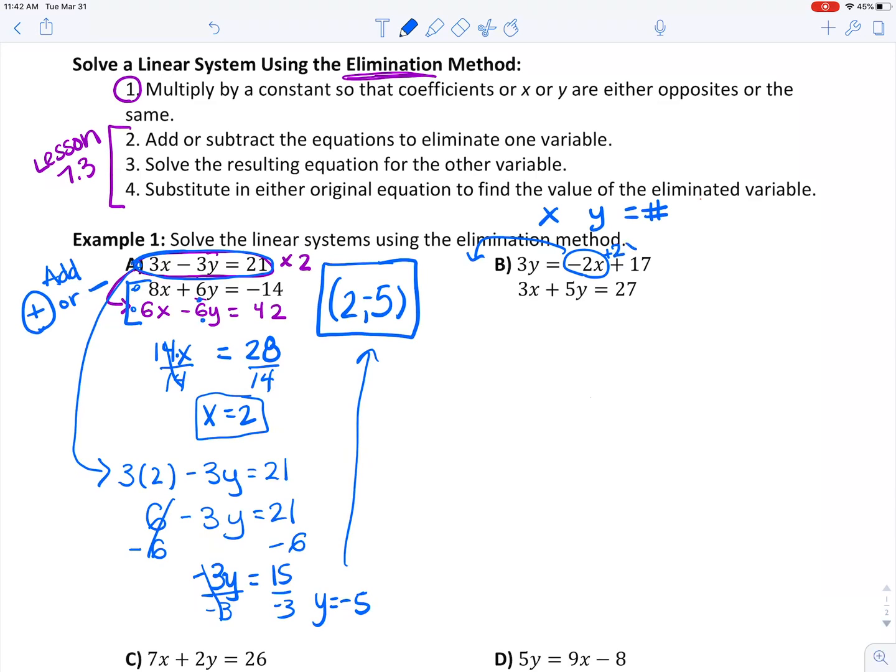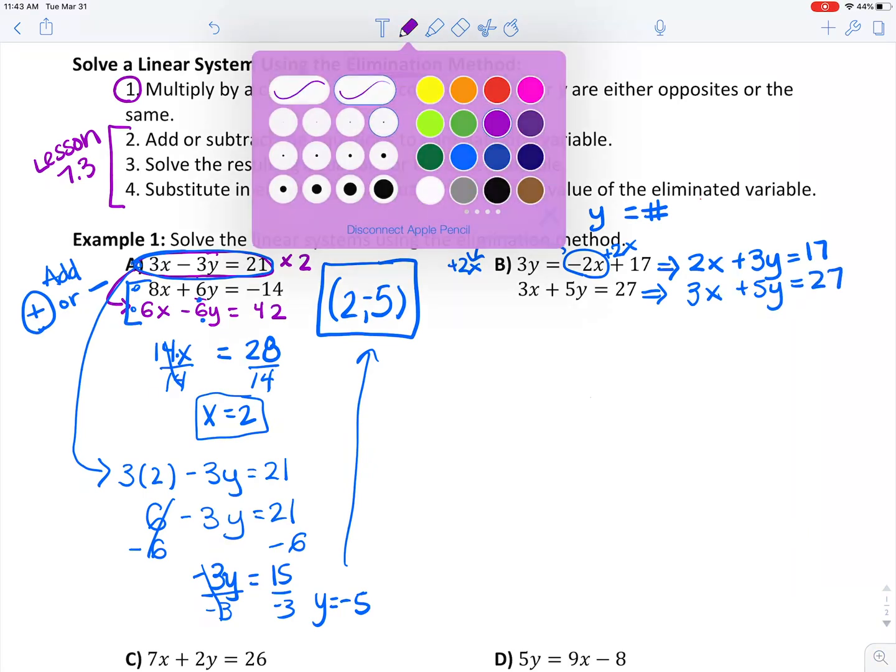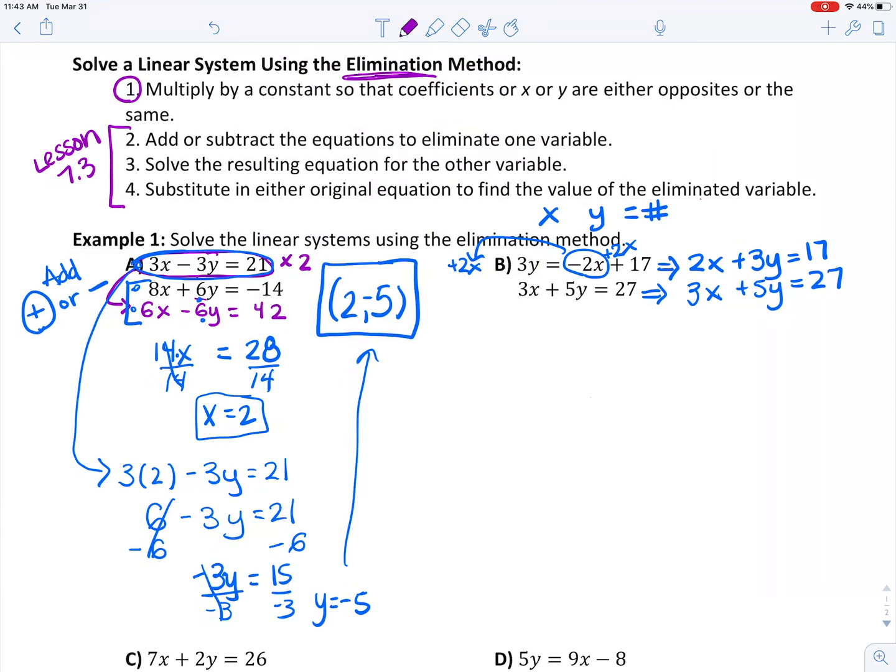How could I move it? Well, it currently is a negative 2x, so I could add it. So I'm going to rewrite this top equation now. We have 2x plus 3y equals 17. I don't need to do anything to the bottom equation, but I am going to write it just right underneath the other one so that everything is lined up.